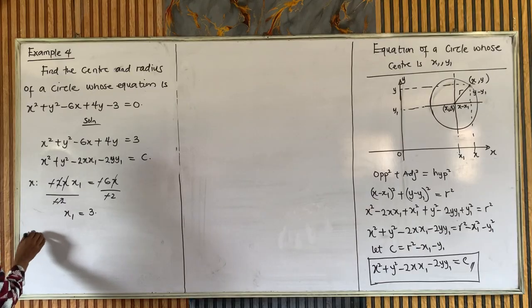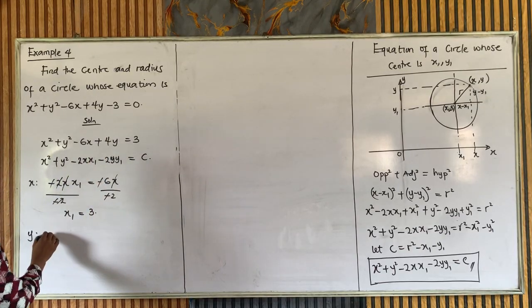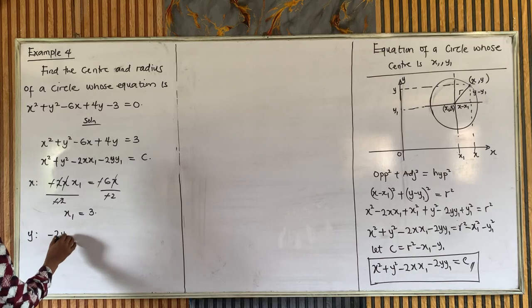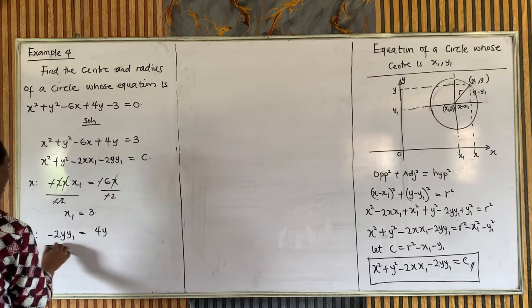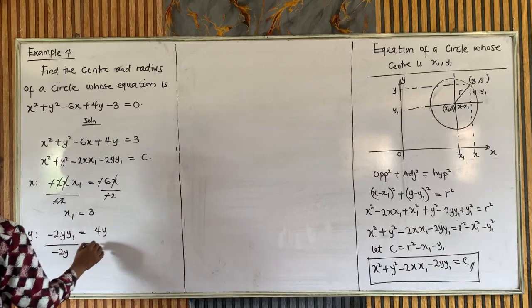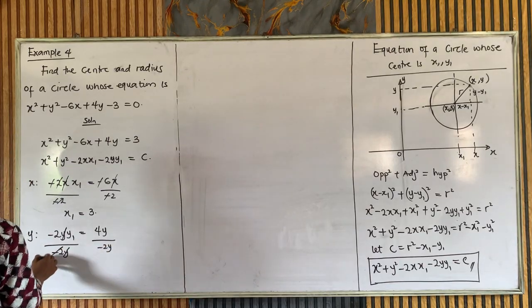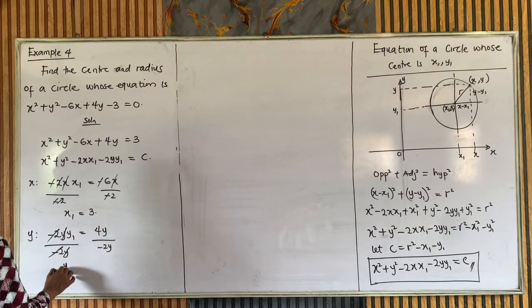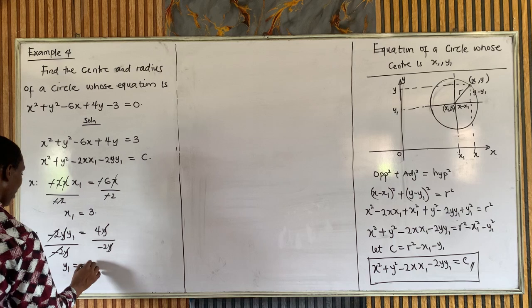Again, comparing our y terms, we have minus 2y y1 is equal to 4y. Dividing both sides by minus 2y, y eliminates y, and minus 2 eliminates minus 2. So y1 is equal to 4 over minus 2, which gives us minus 2.